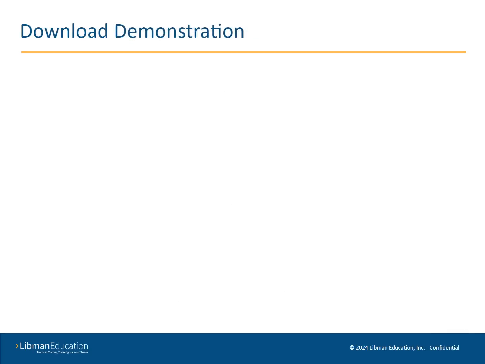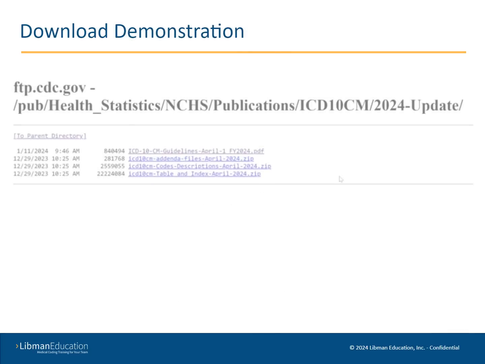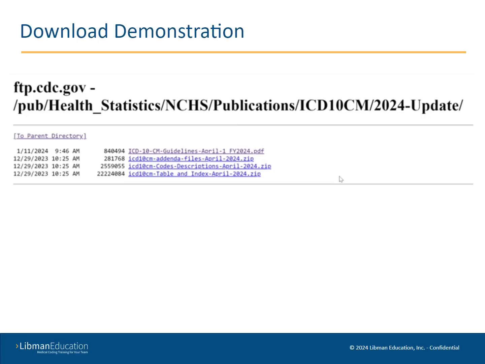To locate the files, you can click on the link that's provided above this video. Typically we go to the CMS website for our files, but at the time of recording they are not on the CMS website yet, so we can get them from the cdc.gov website. You'll see there are 4 different files here.